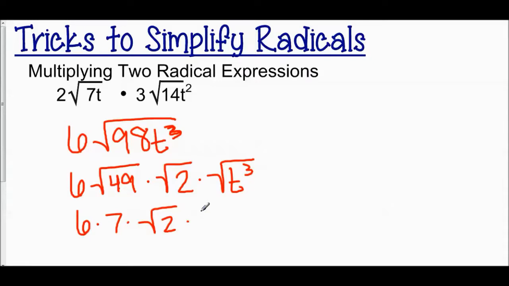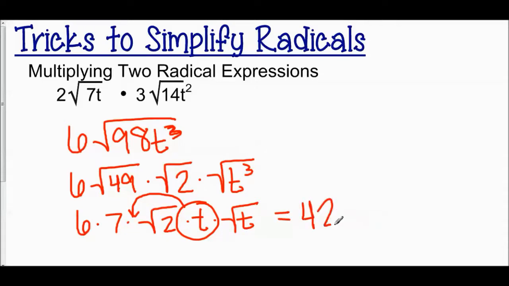So I'm going to have 1t that comes out, and then I'm going to take the square root of t for the half part of it. I'm going to take the t, and I'm going to bring it out here in front of the radicals. 6 times 7 is 42, so I'm going to have 42t times the square root of 2t.